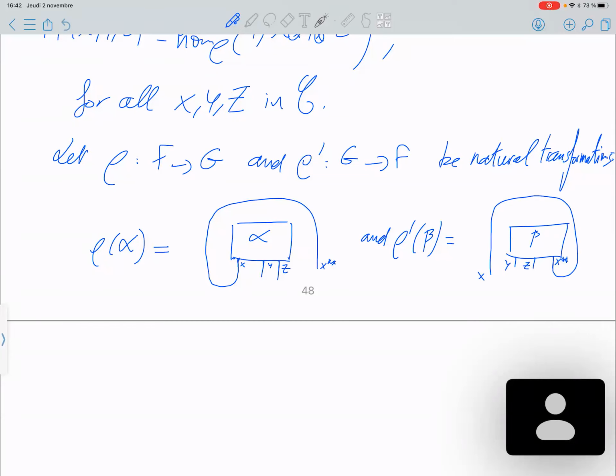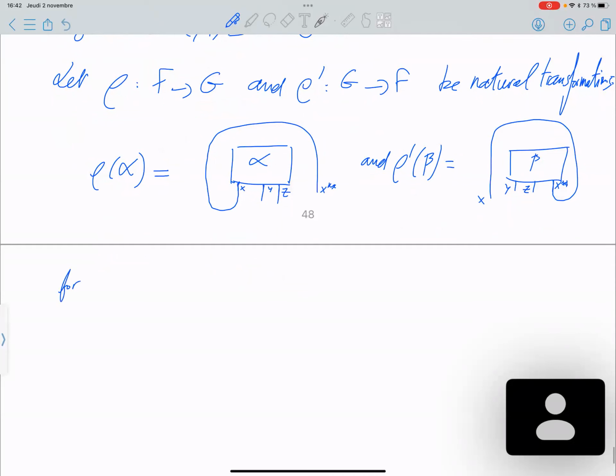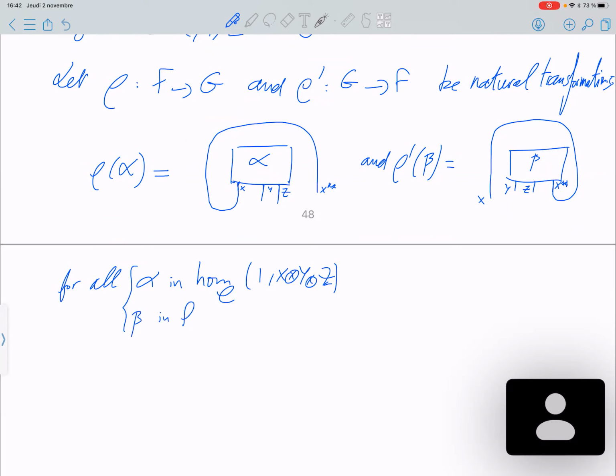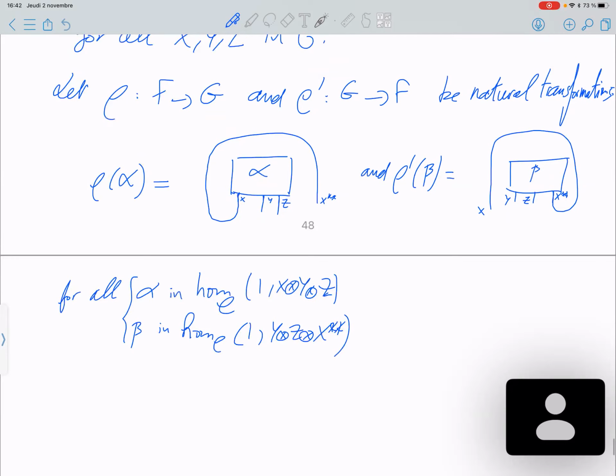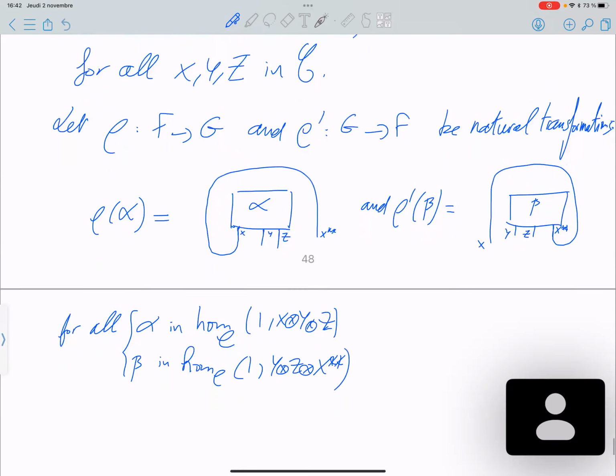Okay. So as I said, for all alpha in this Hom set, Hom(1, x tensor y tensor z), and for all beta in this one, Hom(1, y tensor z tensor x double star). Okay. So we define two natural transformations like that.